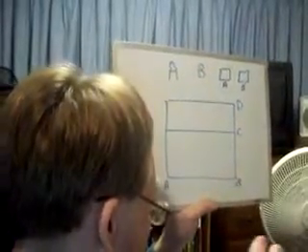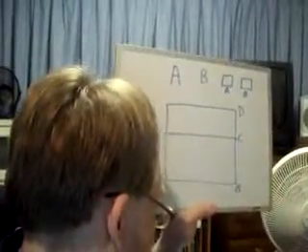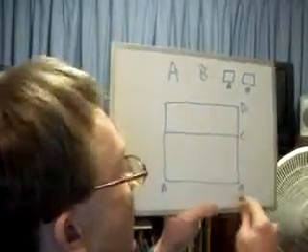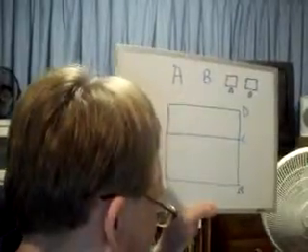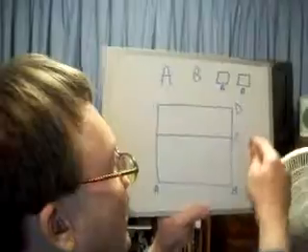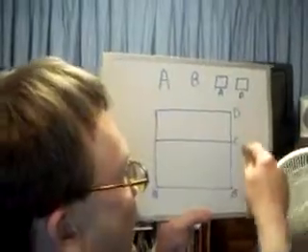And since AB is commensurable in length with BC, since this and this can be measured by some number, while AB is equal to BD, the length of AB is equal to the length of BD, therefore, BD is commensurable in length with BC. This length right here is commensurable with the length of BC. That means some number can measure both this and this.